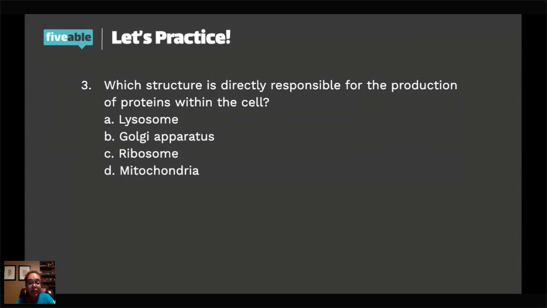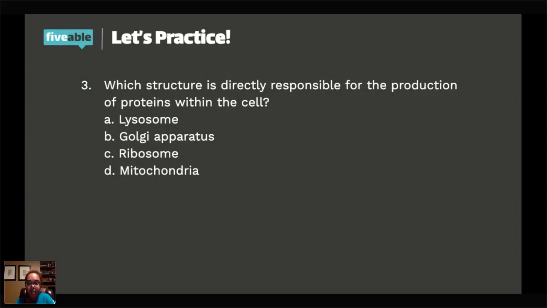But in terms of process of elimination, if I couldn't remember what a ribosome does, ribosomes produce proteins, that is their function. But if I couldn't remember that, I would go through and use process of elimination. You have lysosome. I know lysosome is the incinerator. Lysosome digests pretty much garbage, the cell waste. So I know that's not responsible for production of proteins. Golgi apparatus, I know, is involved in proteins, but not the production.